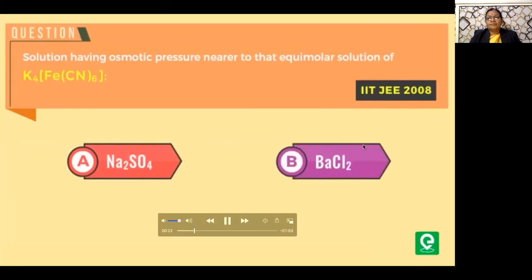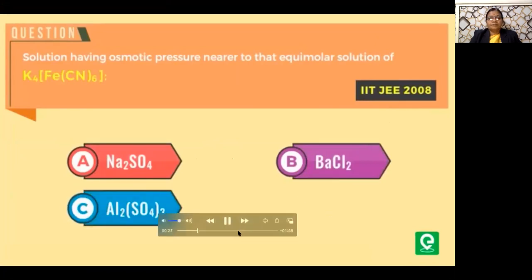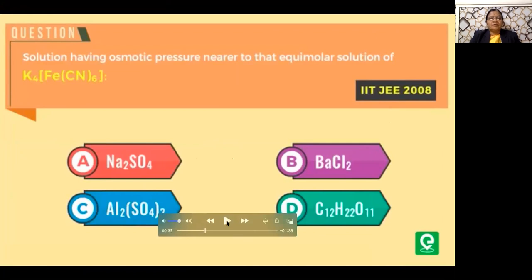Option B, BaCl2. Option C, Al2(SO4)3. Option D, C12H22O11. Now this is the multiple choice question which was asked in IIT JEE 2008.